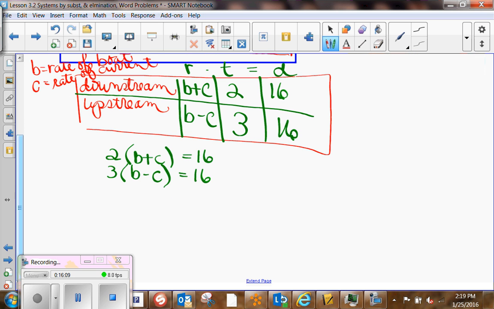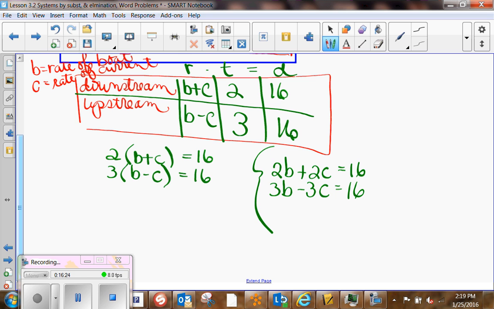Now I'm going to distribute both of those out. So 2B plus 2C equals 16. And 3B minus 3C equals 16. There we go. There's my system. Solve it however you want. Substitute, eliminate. You do whatever you want. Graph it if you want. But I ain't going to do any of it. I'm going to the next problem.